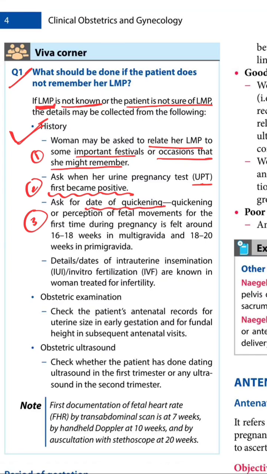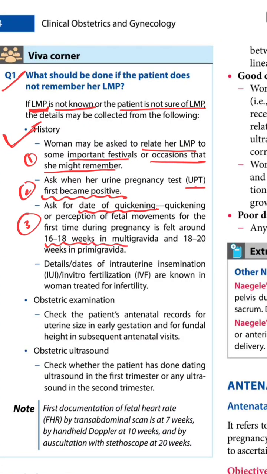Quickening, that is perception of fetal movements for the first time during pregnancy, is felt around 16 to 18 weeks in multigravida and 18 to 20 weeks in primigravida.